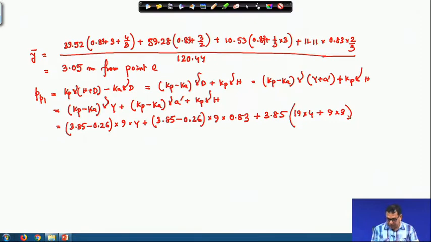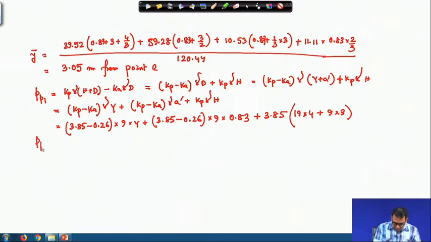So, remember that it is y which is below water table, that is why I have taken gamma is 9, a dash it is below water table, I have taken gamma is 9, but h some part is above water table, some part is below water table. So, I have taken two different gammas and above water table 19 into 4, below water table 9 into 3. Okay? Below water table is submerged.